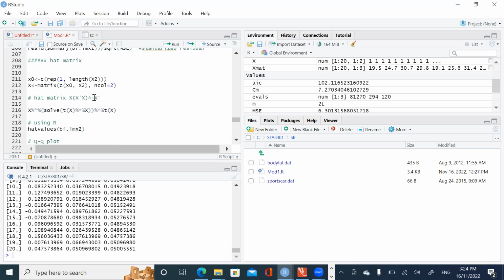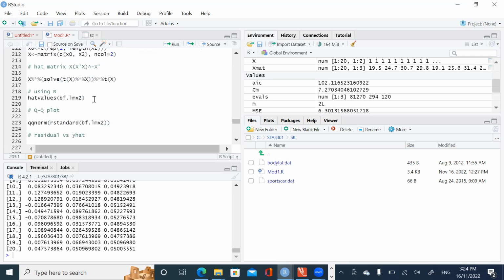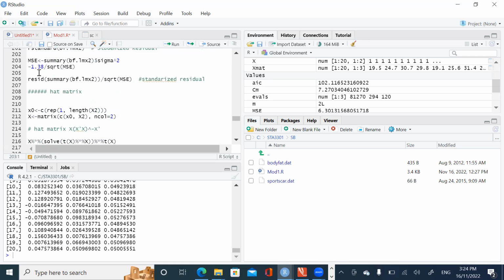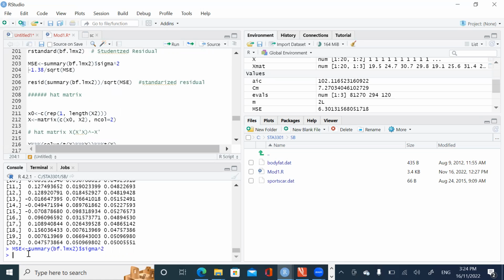Or what you can do is, this is my MSE. If I run this and take the square root, that is our S, so S should be the square root of MSE.